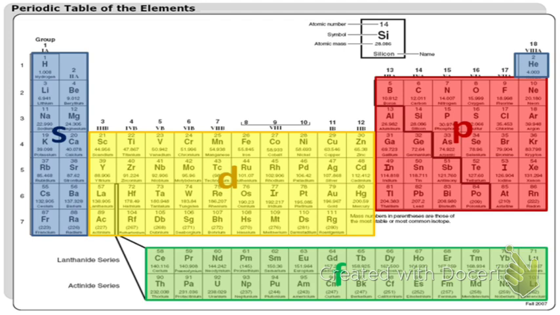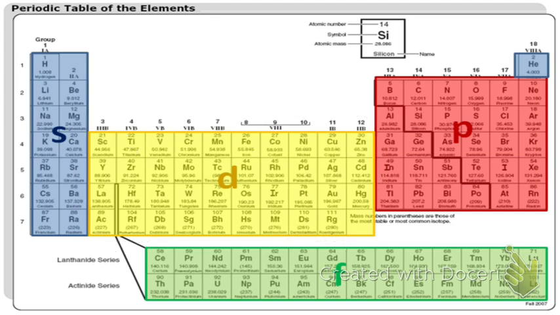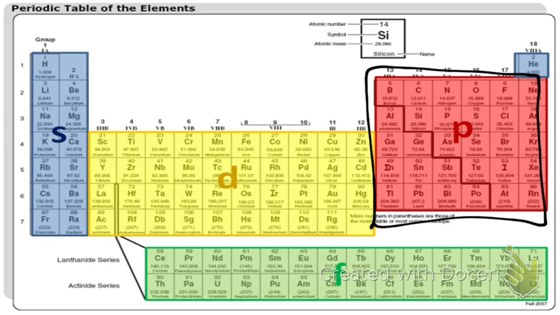Now, if we take a look at our D block here in the middle, if we count those, we have 1, 2, 3, 4, 5, 6, 7, 8, 9, 10. So our D block is able to hold 10 electrons. Our P block, looking over here, can hold 6 electrons.